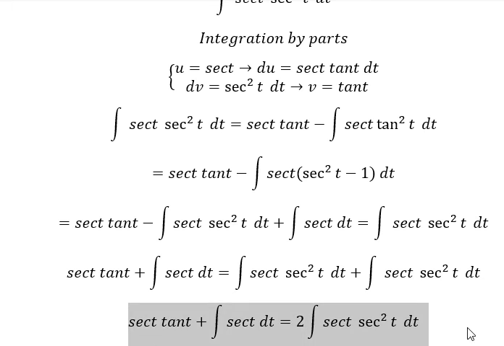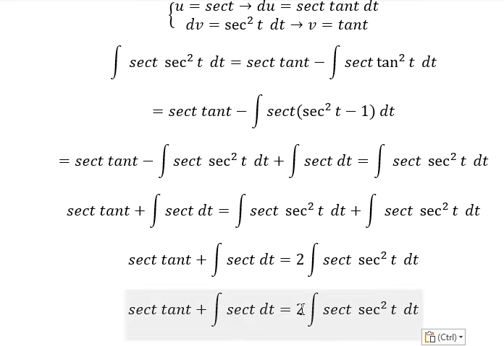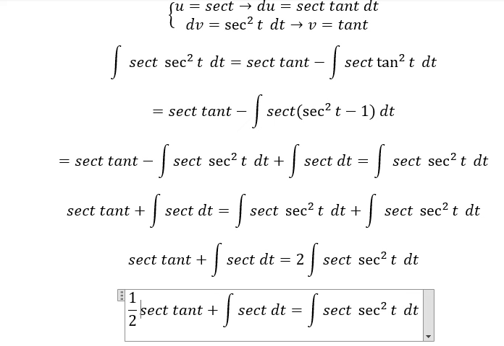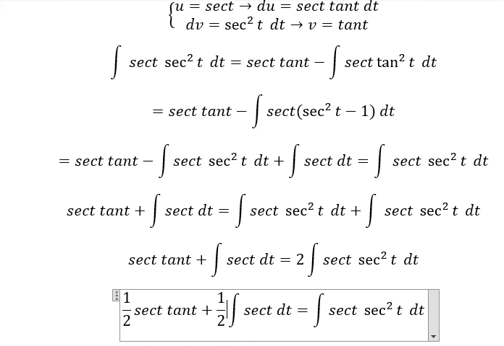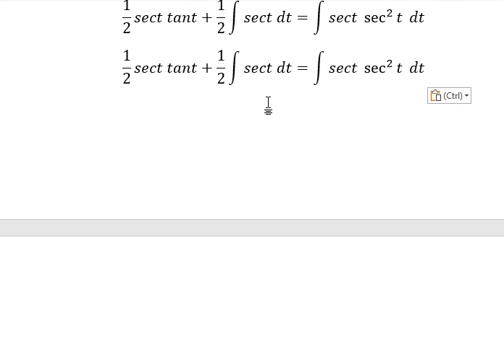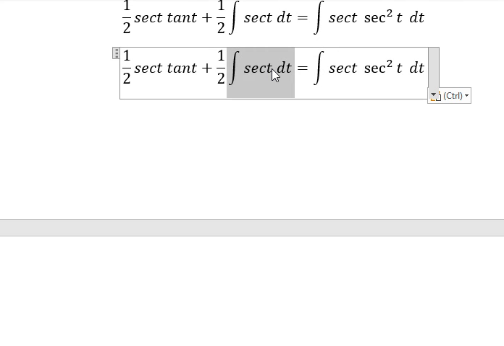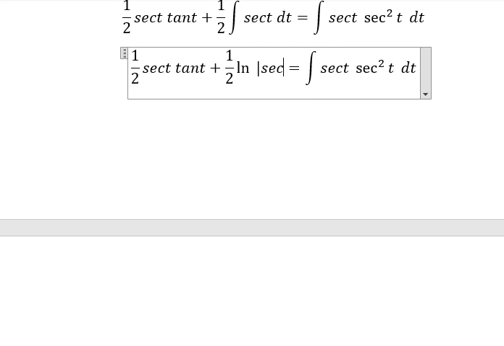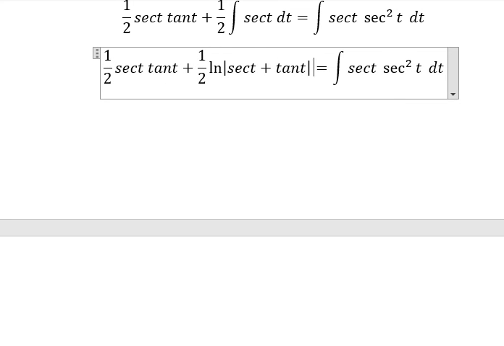Later, we divide both sides by number 2. Next, the integration of this one, we have ln of the absolute value of secant of t plus tan t.